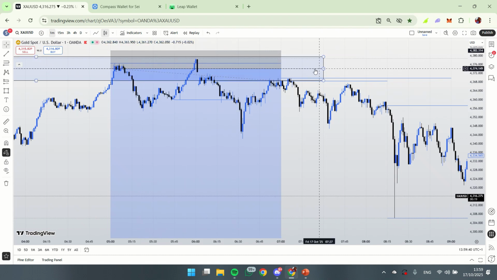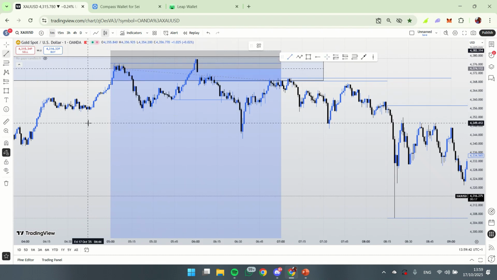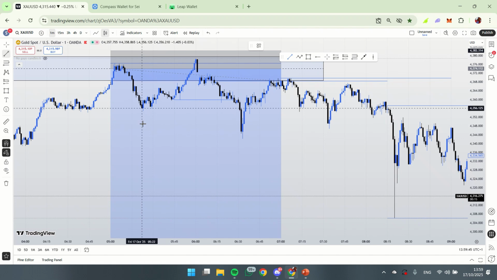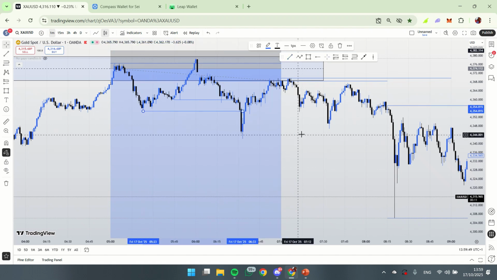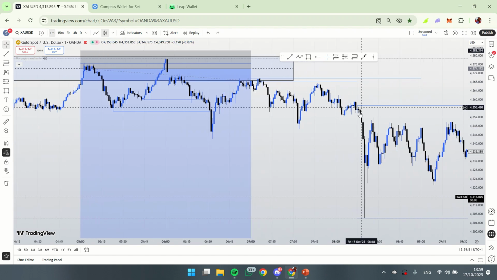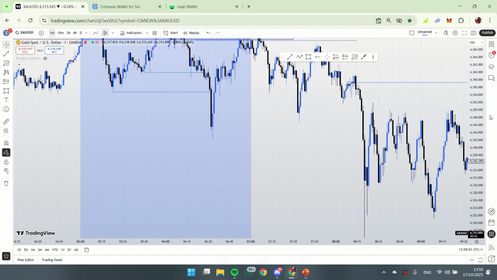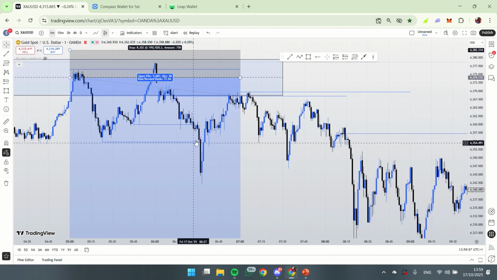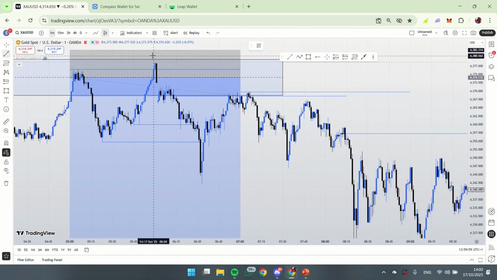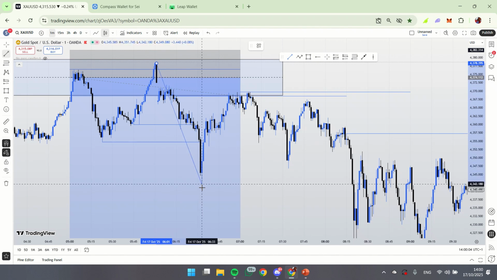A change of character from here, from this low, change of character, right? What will I do next? Look for a zone. I'm spotting a zone from after this change of character, which is my trigger. I'm in this range from this to this, right?